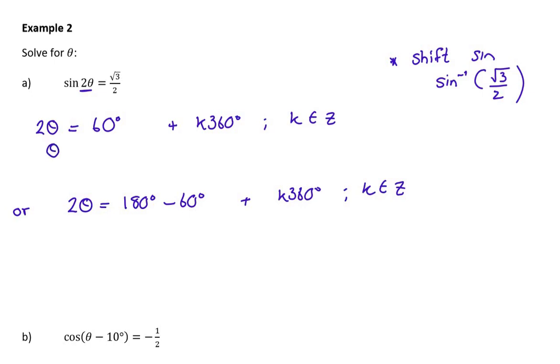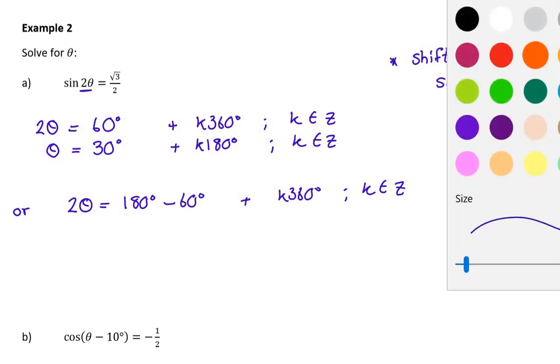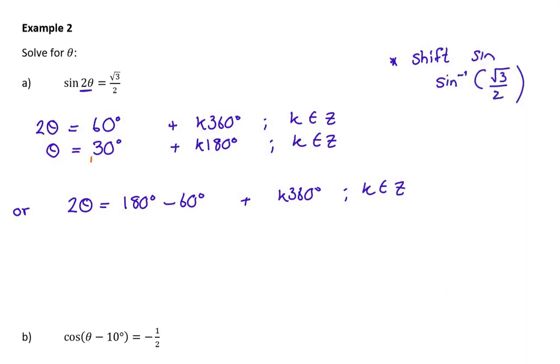I now need to divide by 2, so you divide 60 by 2 and you get 30, and you have to divide 360 by 2 and you get 180 degrees, and I'll explain that in a second. Now, what lots of people do is, because they've now found theta is 30, people start using that 30 over here. So just be very careful. I always set up my solutions and then go and solve so that I never make that mistake.